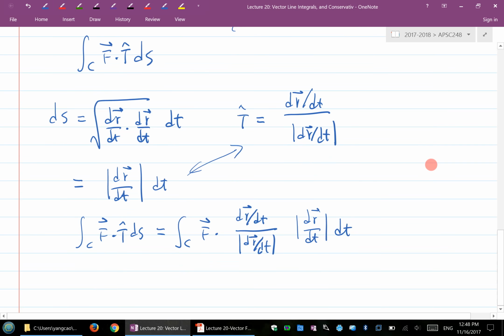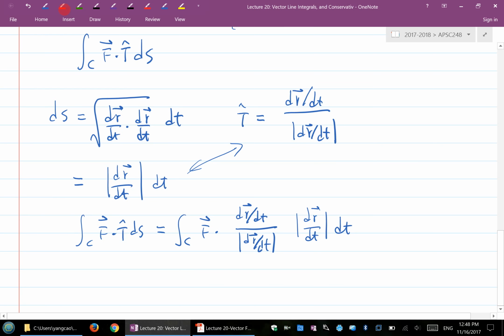You look at the results here, you cancel these two terms, and what we end up with is F dot dr over dt, and dt, like this. Does that make sense?